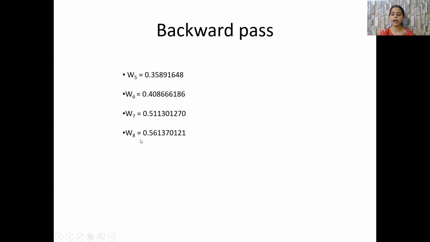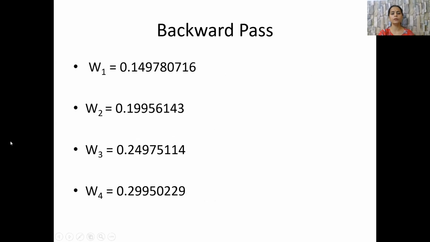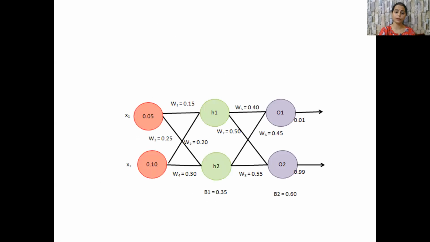Now, similarly, substituting the values of other parameters in the equation, we can find the updated values of W6, W7, W8, and in a similar equation, if we put in the values, we will get the updated values of W1, W3, W4 as well. So in this example, we have updated the value of all these weights using the backward pass.